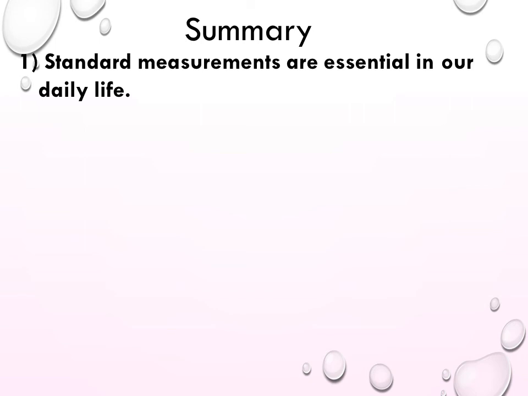What did we learn in this chapter? We learned standard measurements like 1 meter equals 100 centimeters, 1 kilometer equals 1000 meters, 1 kilogram equals 1000 grams, 1 liter equals 1000 milliliters.